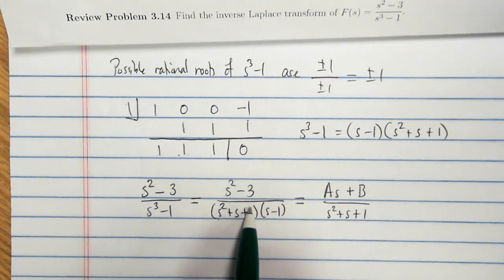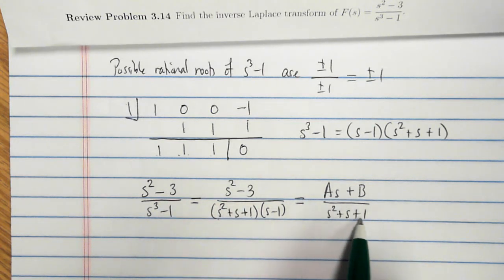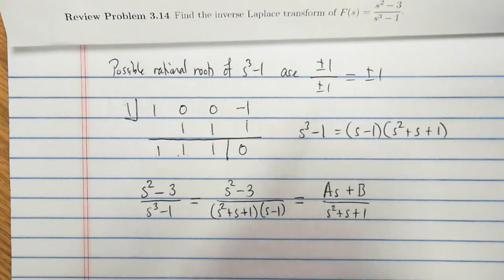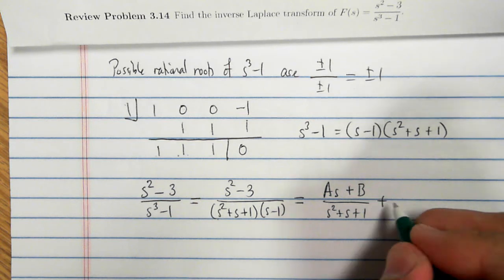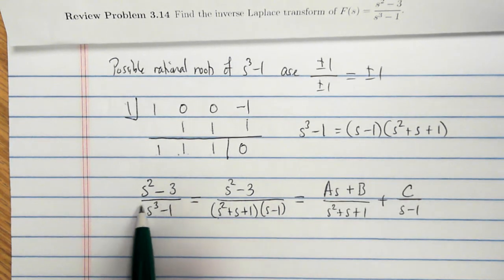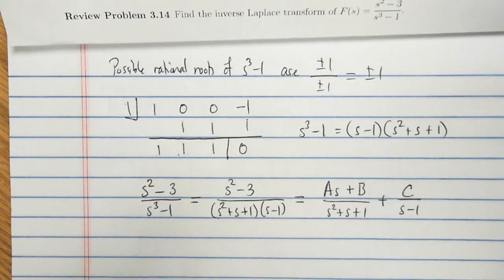S squared plus s plus 1 does not have any real roots. This has complex roots, so that's an irreducible quadratic. My rule for irreducible quadratics is that I have a linear term on top, plus c over s minus 1. Once again, I have a cubic on the bottom, and so not surprisingly, I have three things to solve for up here.